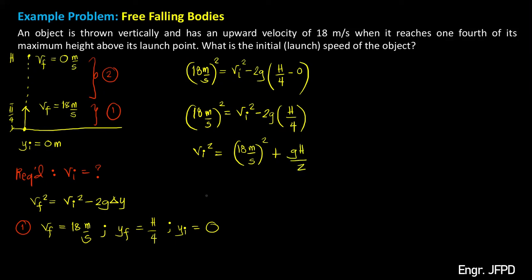And to solve for the initial velocity Vi, just simply take the square root of this equation on both sides, and that will be Vi is equal to the square root of 18 meters per second squared, plus the acceleration due to gravity of 9.8 meters per second squared multiplied by the maximum height h over 2.